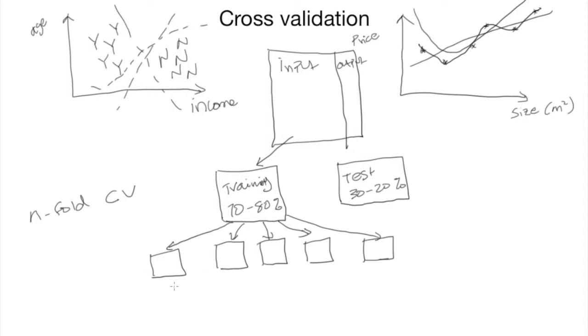And when we train our model, during training, what happens is, so this is our regression model that we are currently considering. So for each regression model, we train it using n minus 1 folds.